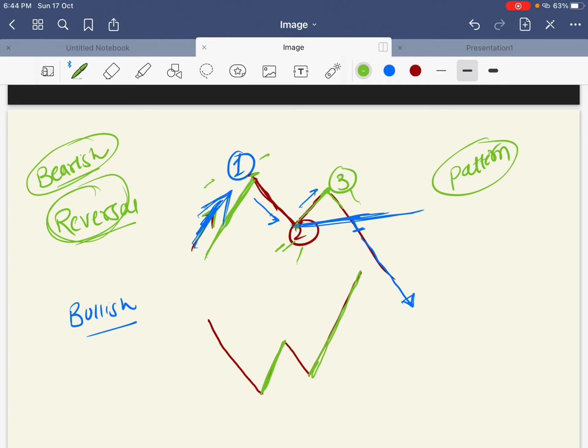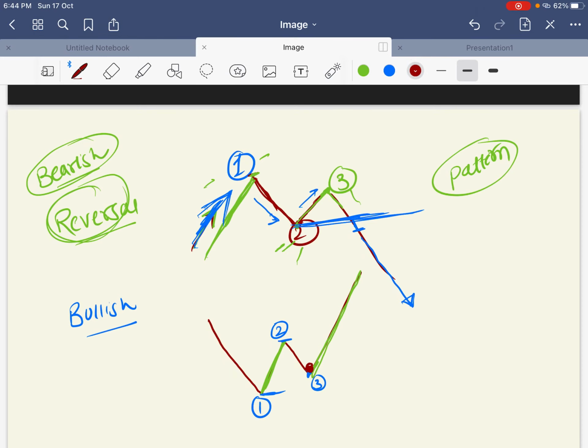So as you can see from the chart, point 1 is the lowest, point 2 is the highest, and point 3 is in between these two levels. As you can see from here, it can be somewhere around here like this.